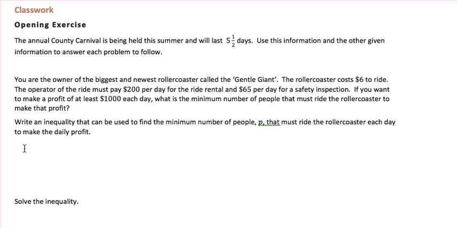So we are looking at the number of people, and that's what we're going to represent with P, that must ride the roller coaster each day, and the charge for each person is $6 per ride. So 6P will need to be greater than or equal to, no, greater than, because we need to make a profit.